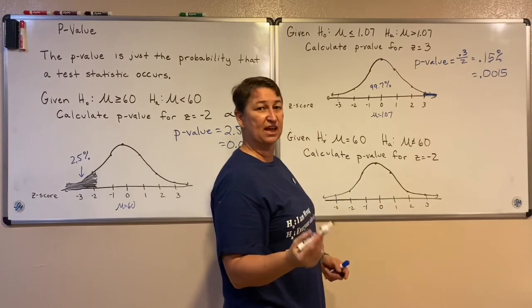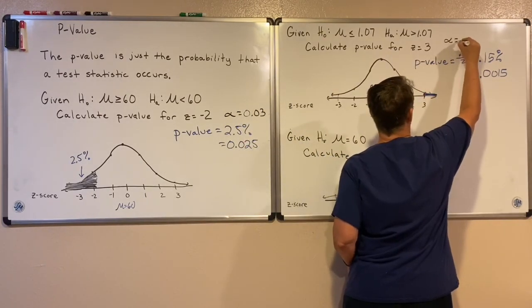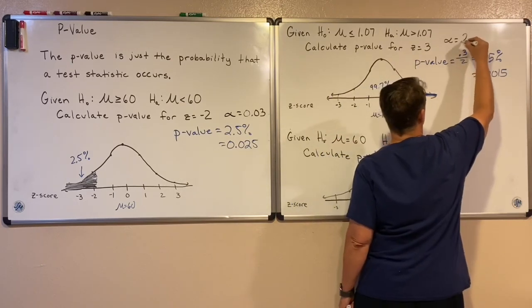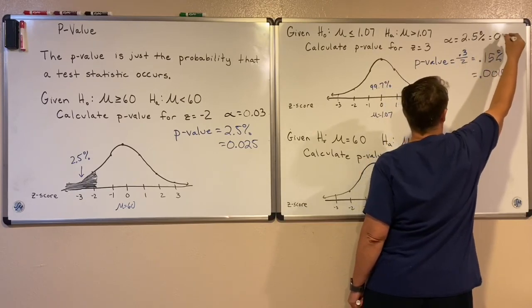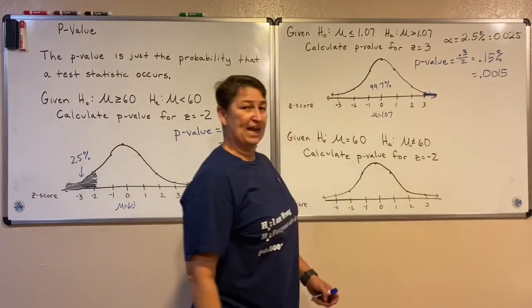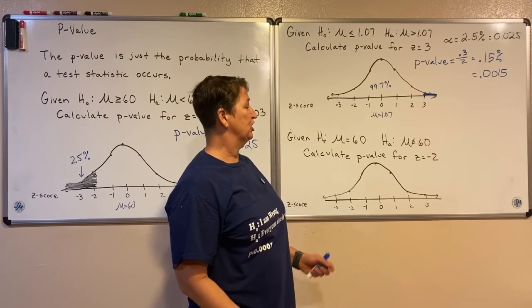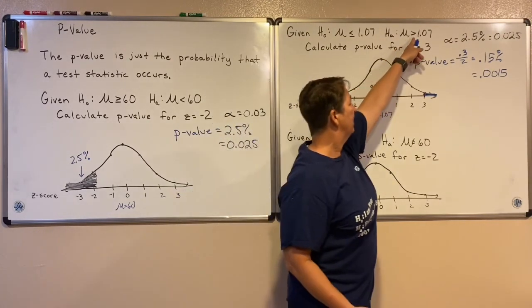So again, let's say that my level of significance is 2.5%, which is also 0.025. Well, in that case, my rejection region is on the right, since I'm doing a right-tailed test because of the greater than.